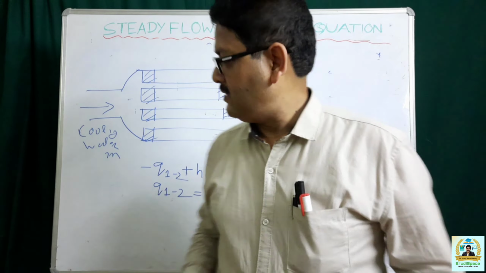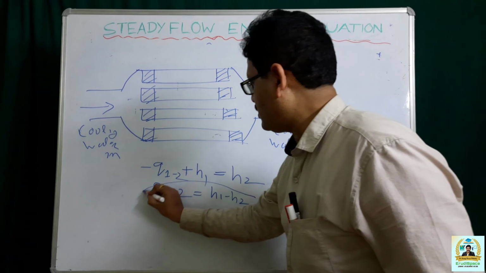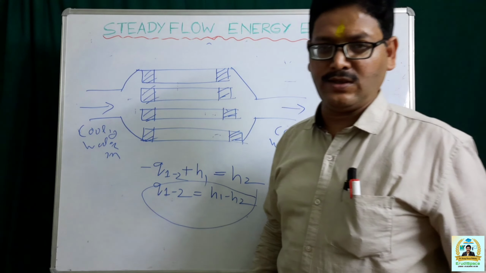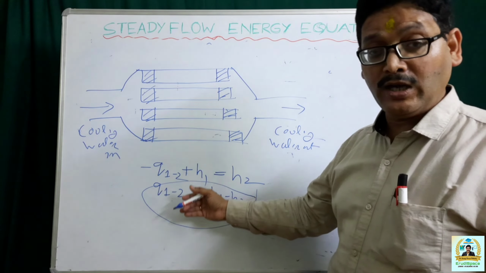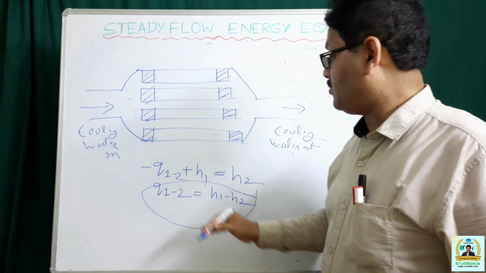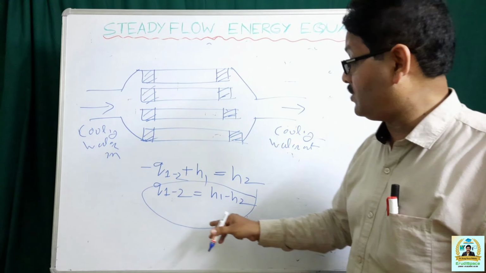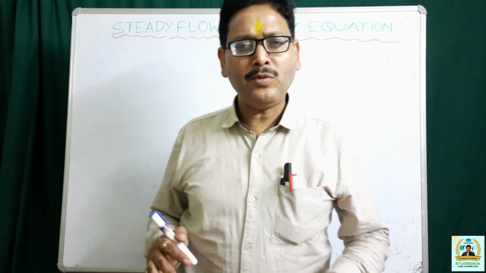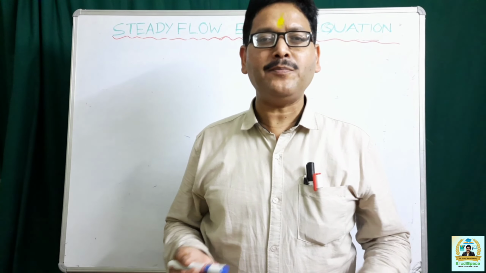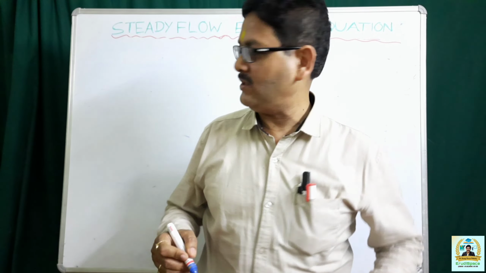Okay, this becomes the energy equation when it comes to your condenser. In case of boiler, it is Q12 equal to H2 minus H1, whereas in this case Q12 is equal to H1 minus H2. So now we will discuss what is happening in case of turbine and compressor.